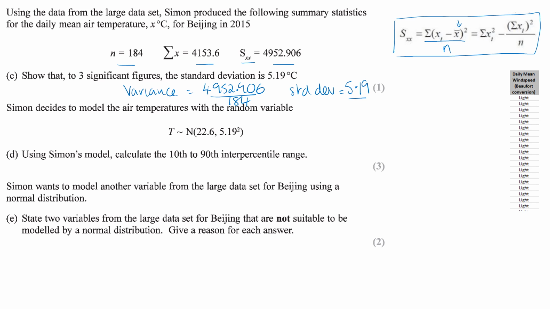Now Simon decides to model this with a normal distribution and we're asked to find the 10th to 90th percentile range. So if we think of our normal distribution, we've got the mean in the middle, which is here, the 22.6. Now this is the variance, but the standard deviation is the square root of that, so sigma is equal to 5.19, and we've just found that out there.